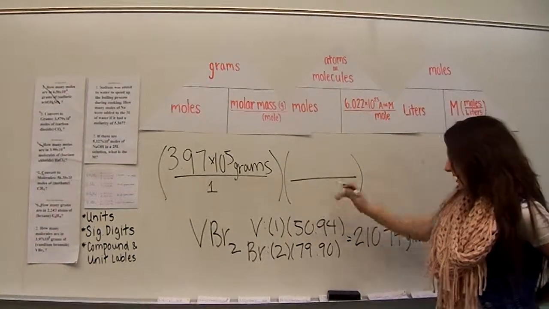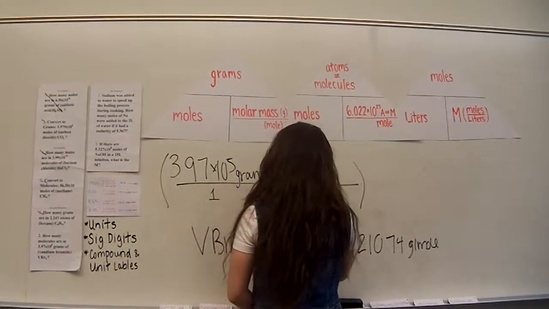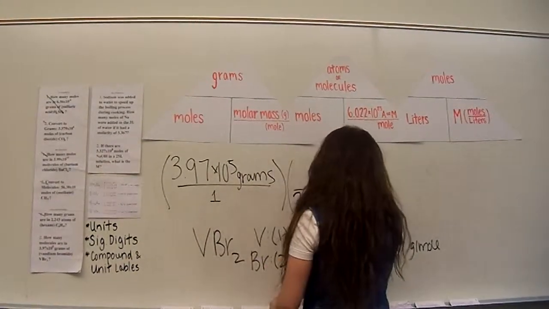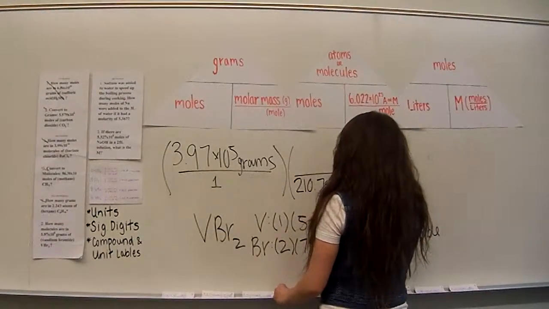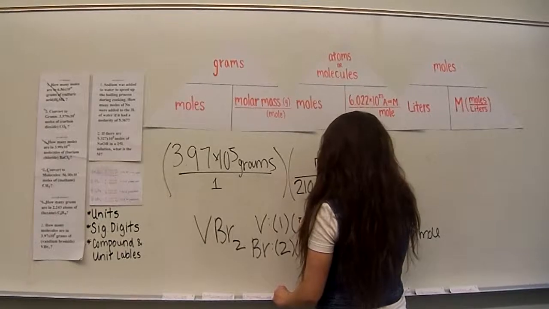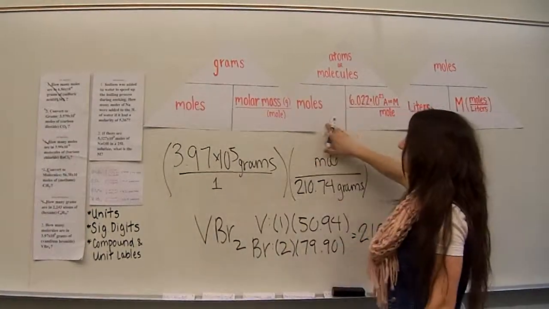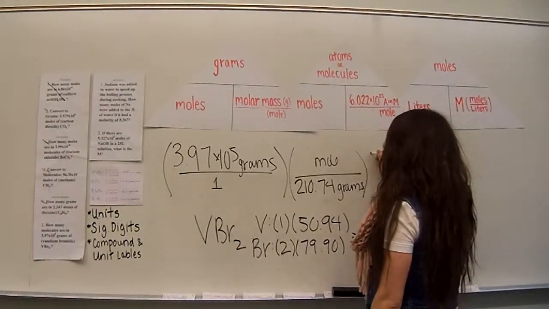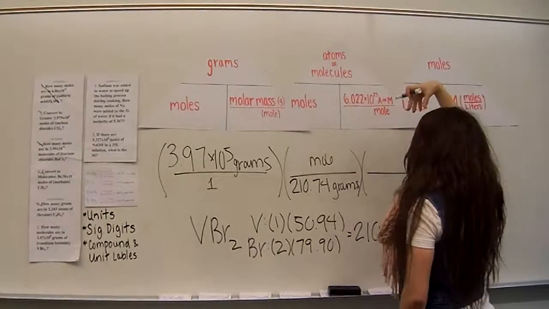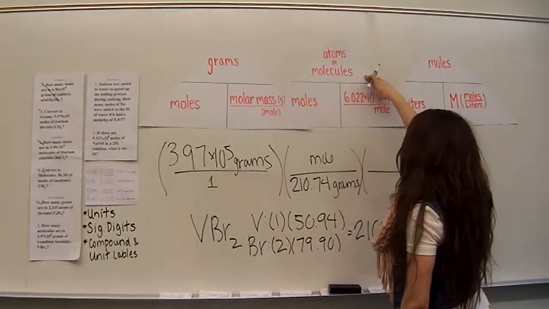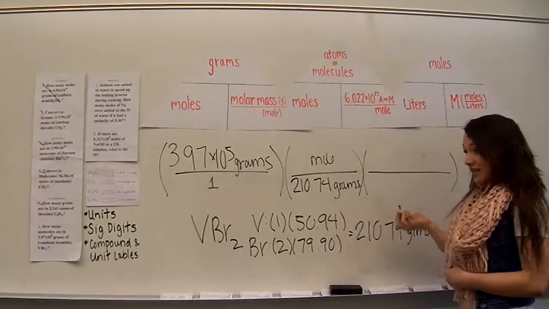Since we will be dividing that, we will be writing that on the bottom. So we have 210.74, writing grams on the bottom and moles on the top. Now we are here and we can move to the second triangle. We are asked for molecules, therefore we know that we will need to multiply this by the constant.